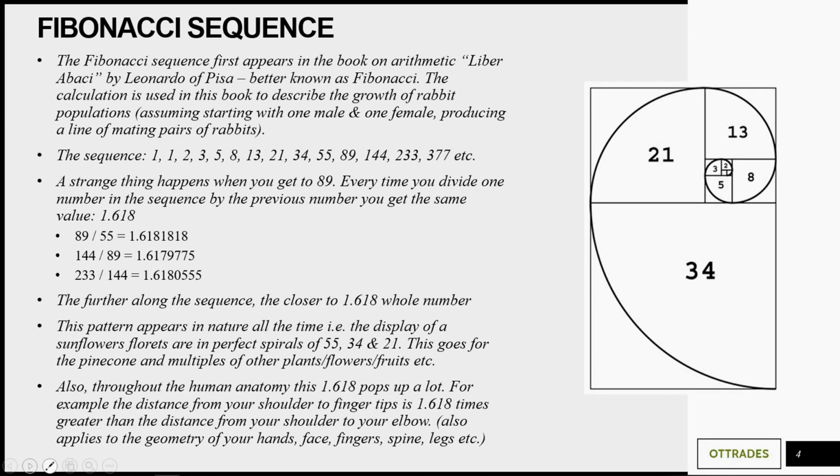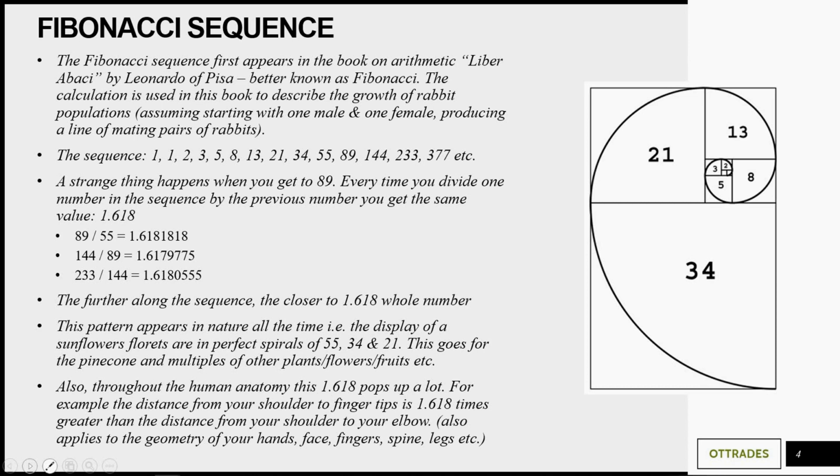So to begin with, the Fibonacci sequence first appeared in a book called Liber Abaci by Leonardo of Pisa, better known as Fibonacci to most people. The calculation is used in his book to describe the growth of rabbit populations. Assuming you start with one male and one female rabbit, they start to mate and consistently produce a line of mating pairs of rabbits.